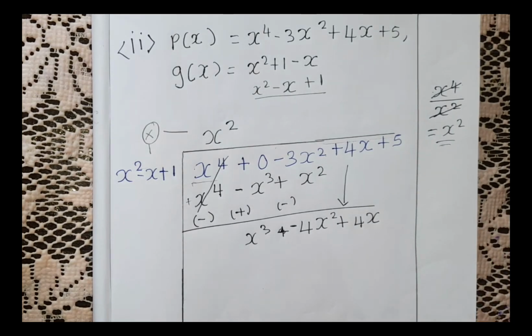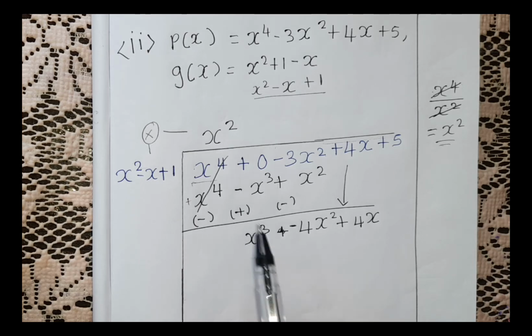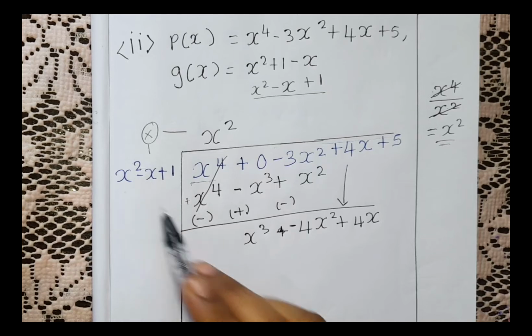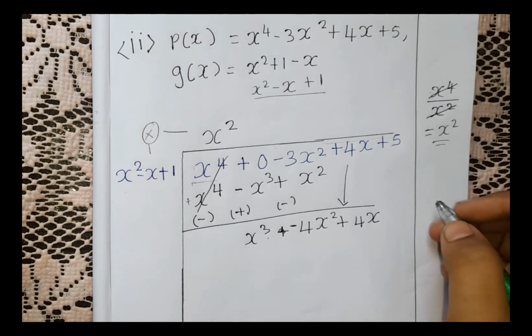Okay, now what we are going to do is take the first term, that is x cube, and we are going to take x square. We are going to be dividing it, because that is how we did it in the previous one.